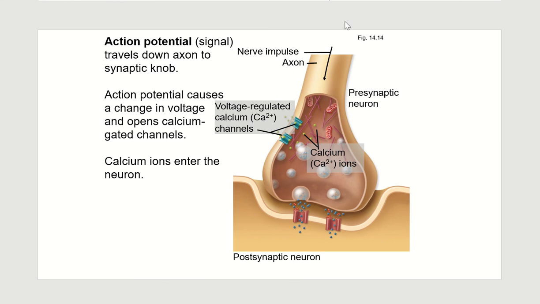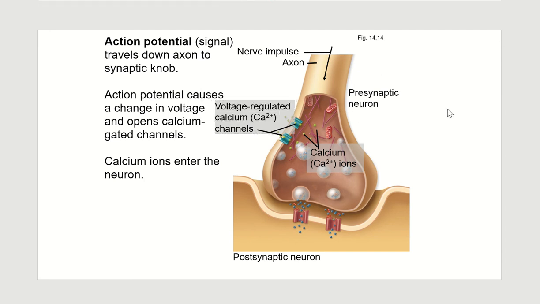So the action potential, remember there's that change in the charge inside the cell as a result of opening and closing sodium and potassium channels. That action potential travels down the axon terminal until it gets to the synaptic knob. That change in charge, that voltage change, opens channels on the synaptic knob that are calcium channels.